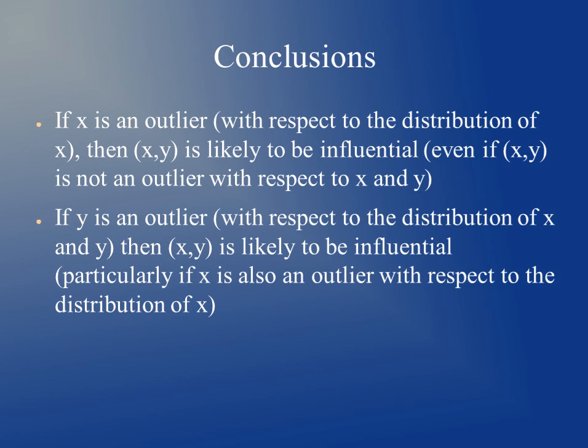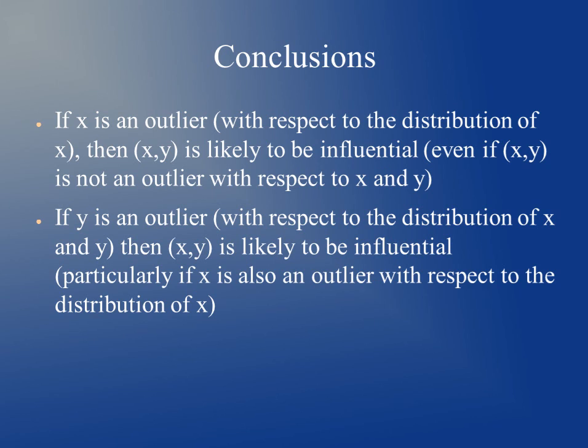So some conclusions from the plots that were shown previously. If x is an outlier with respect to the distribution of x, then (x, y) is likely to be influential, even if it isn't an outlier with respect to x and y. So when we have x's that are extreme, they're more likely to be influential than just if the y is an outlier.